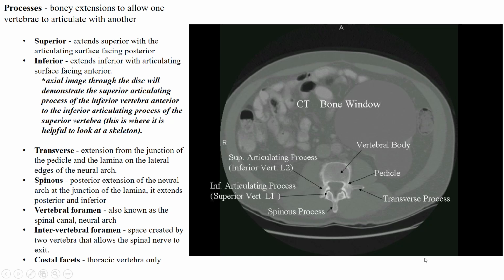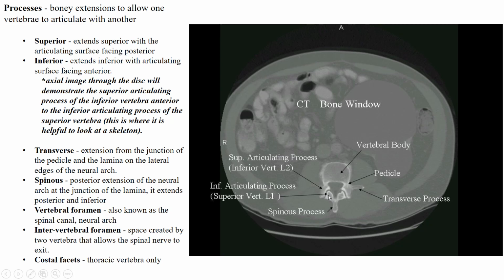And so you have the superior articulating process, and this is the lumbar vertebra L2 right here. And this is its superior process, but it's the inferior process from L1 that's articulating with the superior articulating process of L2.